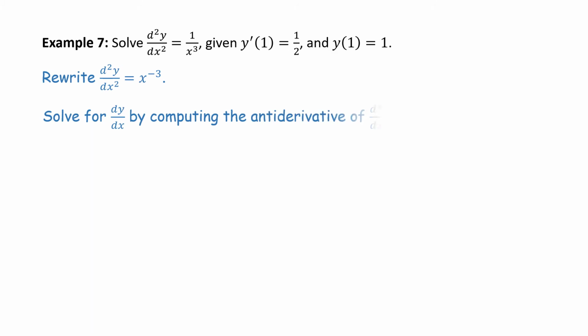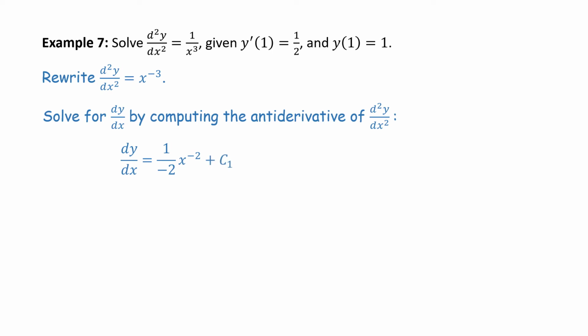We'll solve for dy dx by computing the antiderivative of d squared y dx squared. Then you get dy dx is equal to the antiderivative of x to the -3, that'll be 1 over -3 plus 1, which is -2, times x to the power of -3 plus 1, which is -2, plus some constant.